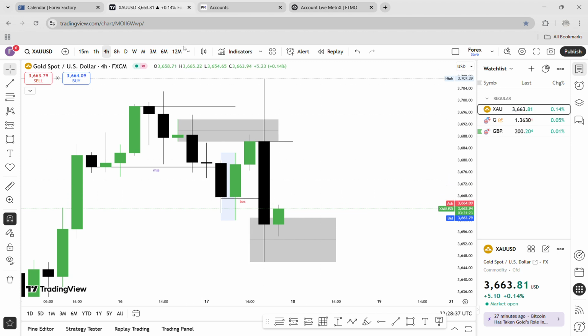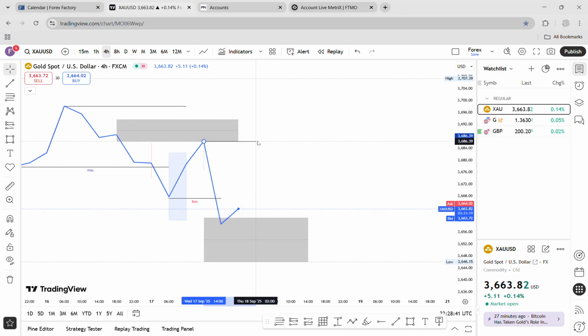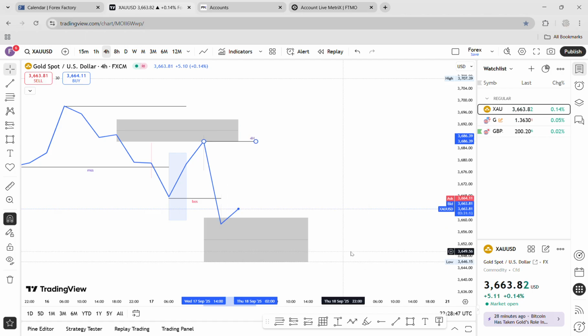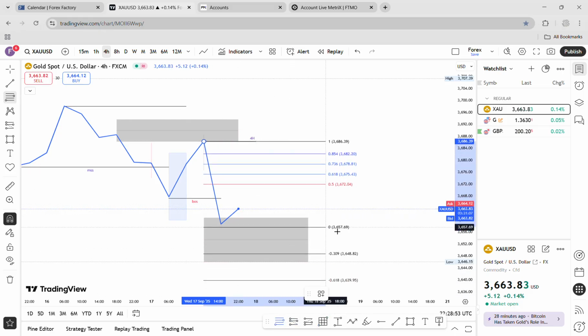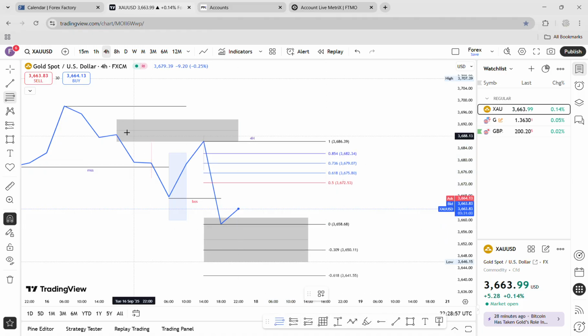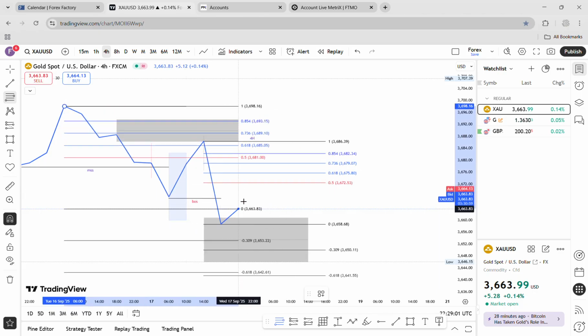So now, back to the line chart. This is a key level of this break of structure, 4 hour. And if I also fib this level, remember the first one we fib, price was rejecting off that.